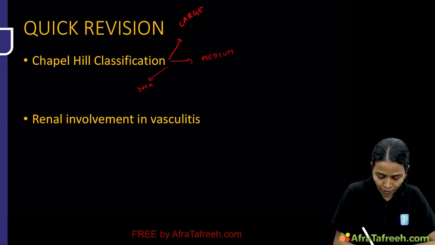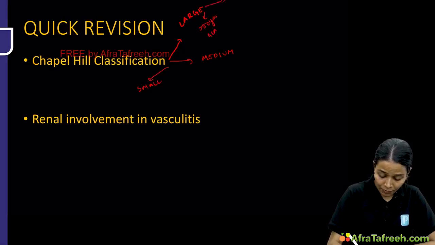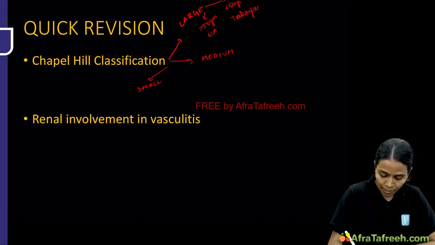So large vessel vasculitis, further based on age, if it is more than 50 years, was giant cell arteritis. Large vessel vasculitis less than 50 years, which is necrotizing arteritis, was nothing but Takayasu's arteritis. Similarly, medium vessel vasculitis without involvement of mucocutaneous lymph node was polyarteritis nodosa.